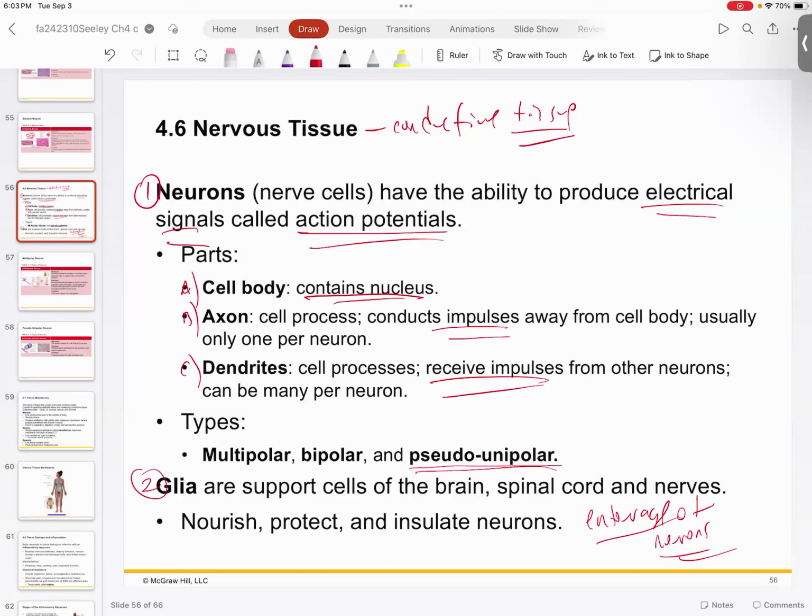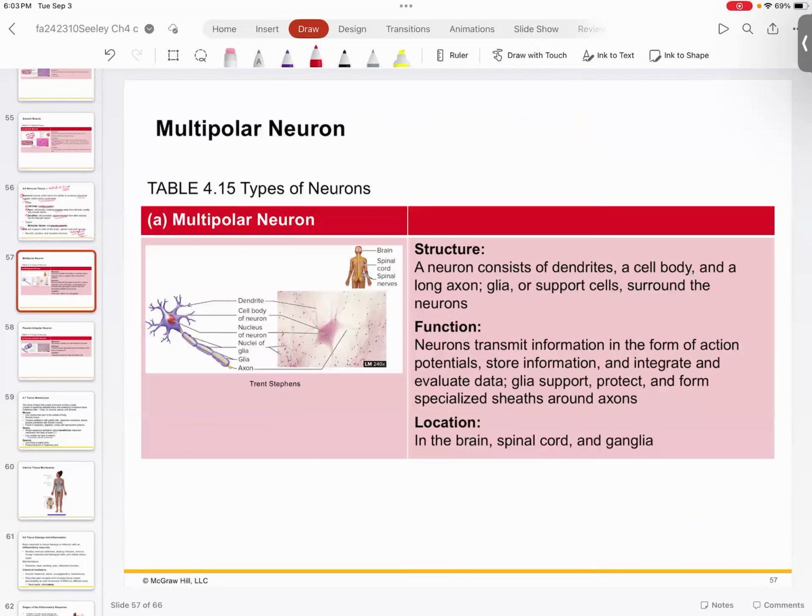Usually these are people who take care of you, your assistants who take care of your schedule, or if you're really famous, your bodyguards or whatever. They have various functions around you, but they're all designed to support you, because after all, you're the star. That's what the glial cells are doing. They're there to nourish, protect, and cover or insulate the neurons.